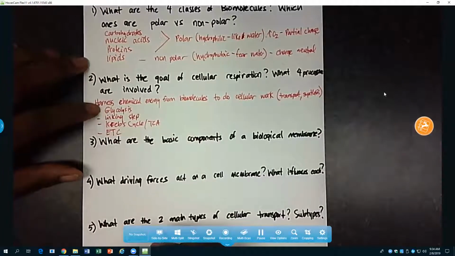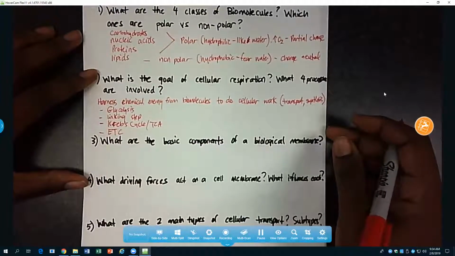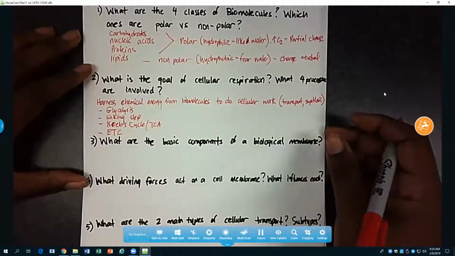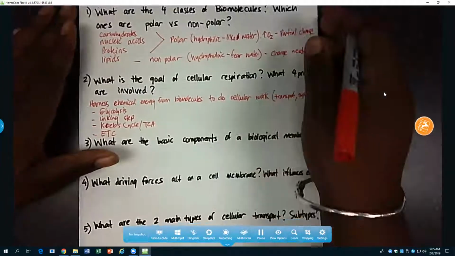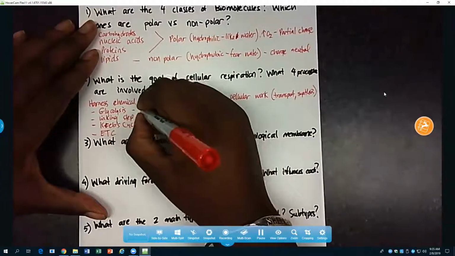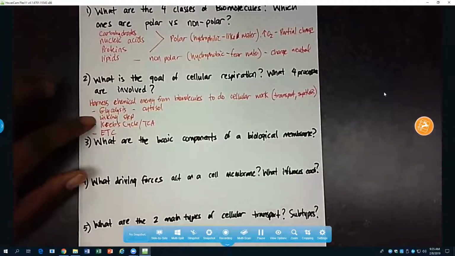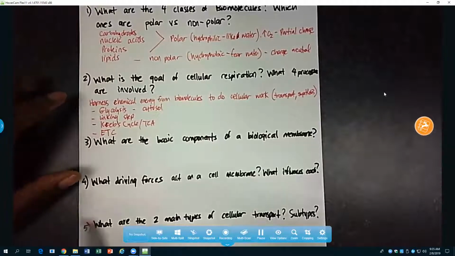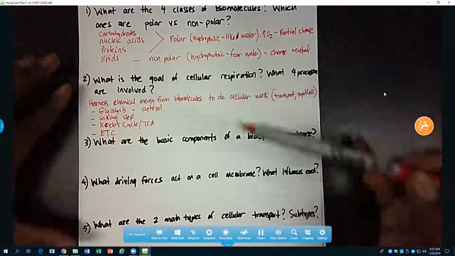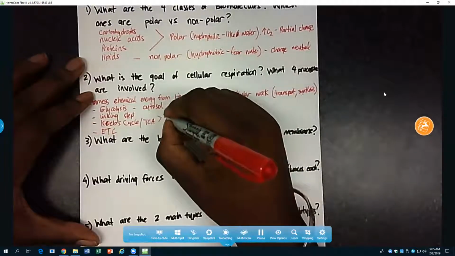Now, where did glycolysis occur? Just to review that. Not the mitochondria, the cytosol. The cytosol or the cytoplasm, right? What about the linking step? Where did that occur? So both the linking step and the Krebs cycle occurred in the mitochondrial matrix.